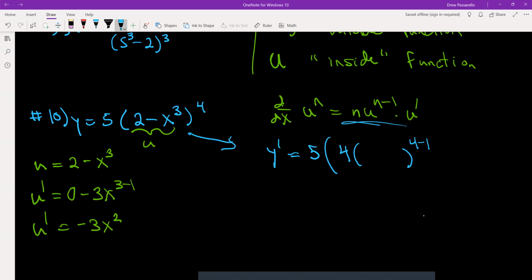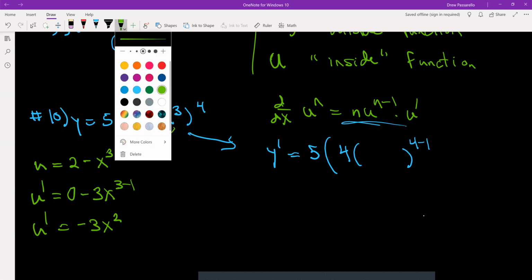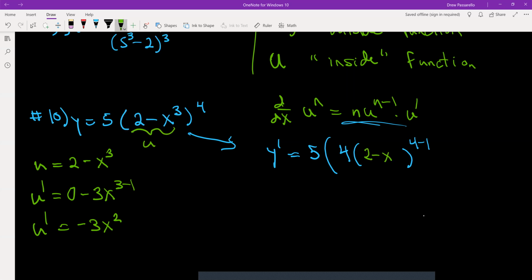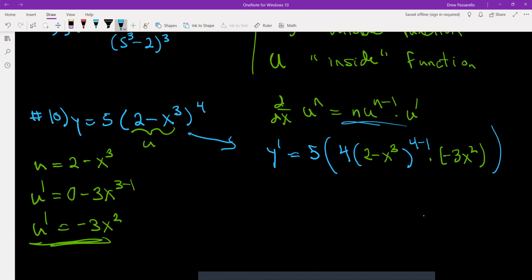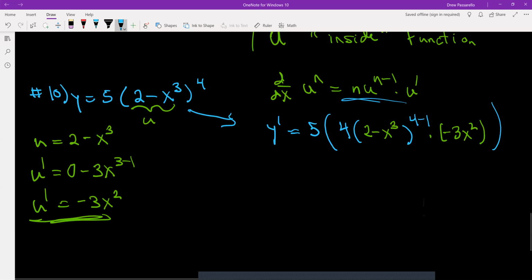And u in this case is the 2 minus x cubed. So this would be like n times u to the n minus 1 part of the formula for the general power rule. And then I multiply it by u prime. Well, u prime is the derivative of u, which is negative 3x squared. And 5 is being multiplied to all of this. So it's a matter of simplifying it.